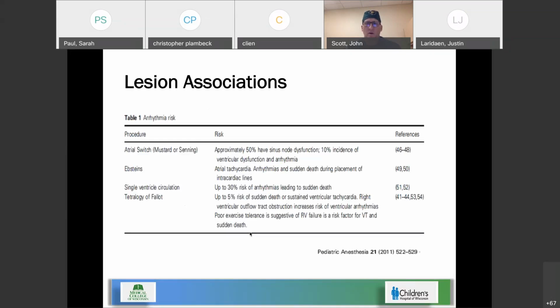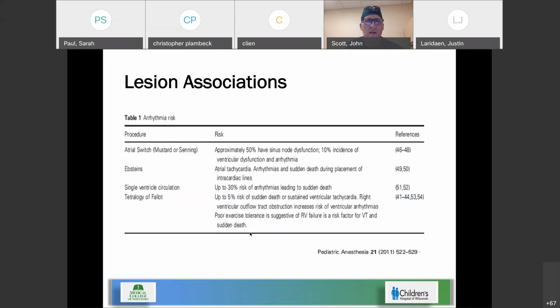This is an article from Pediatric Anesthesia in 2011 from White and colleagues, and this is really a summary table looking at what specific lesions are associated with specific arrhythmias.